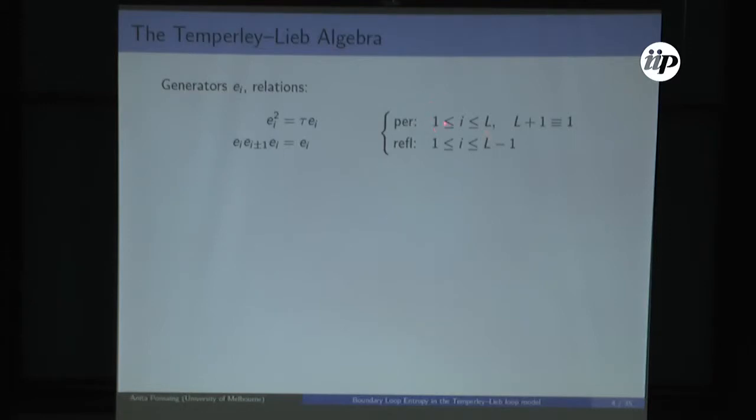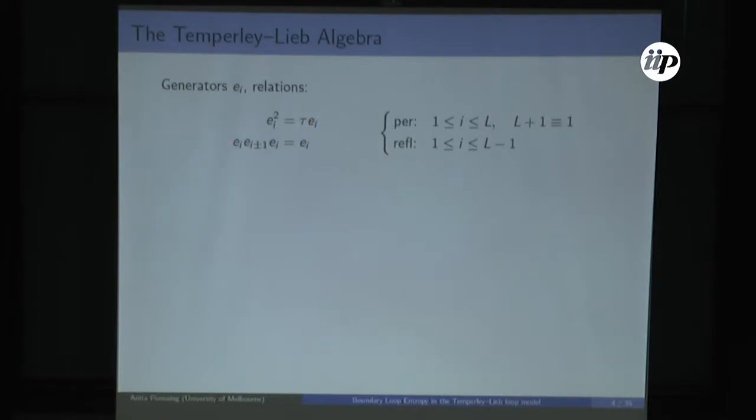So in the periodic case, we have L of them. In the reflecting case, we have L minus 1. But in the periodic case, we're also understanding that L plus 1 is the same as the first site because they're neighbors. The first relation is that you square it to get itself back multiplied by some constant.